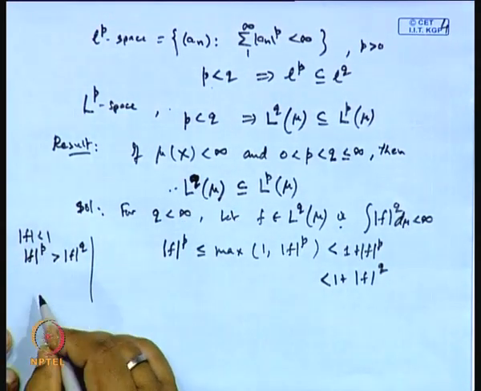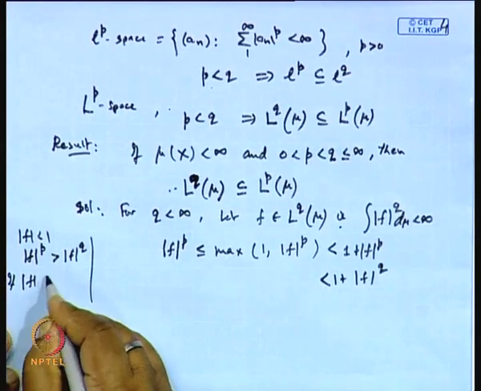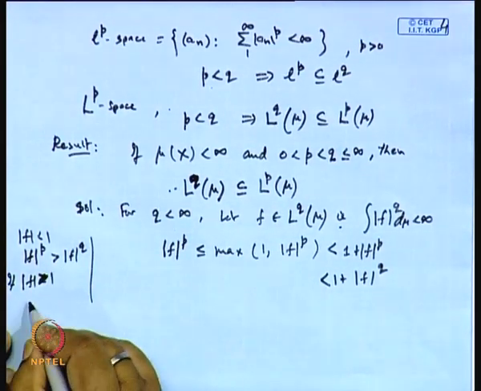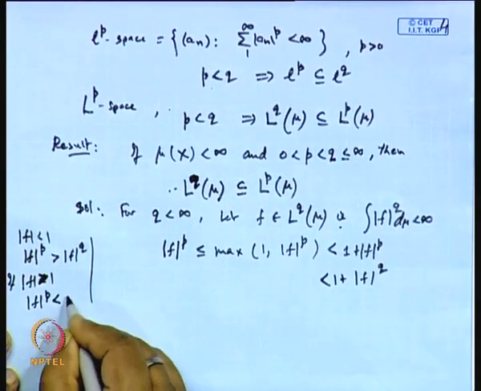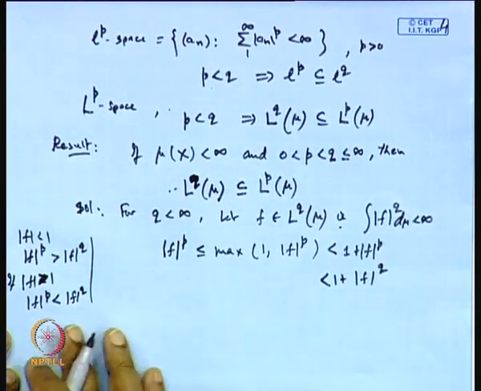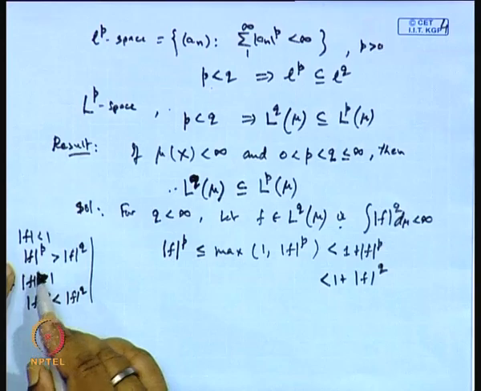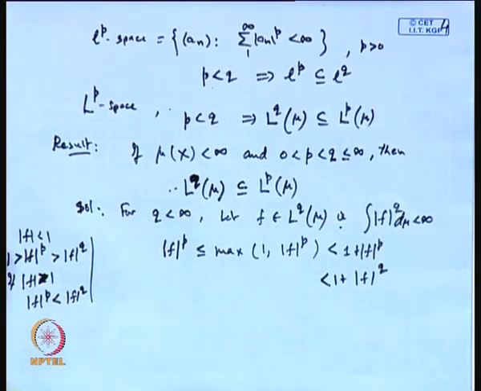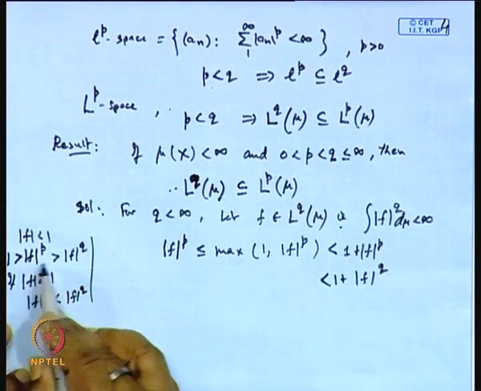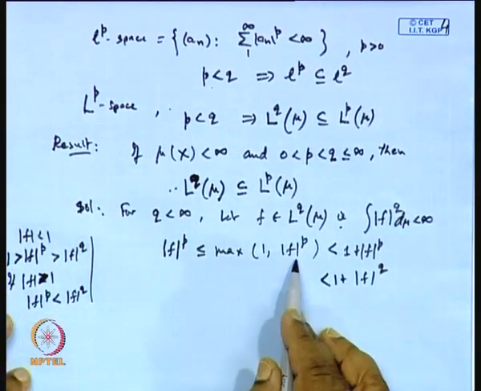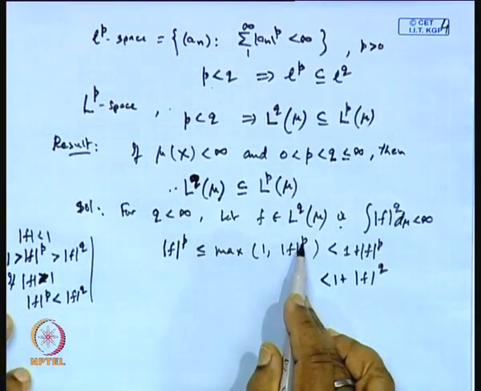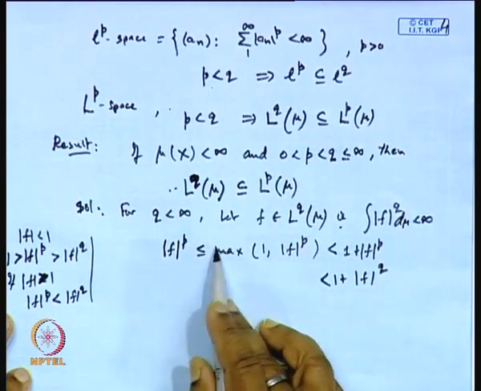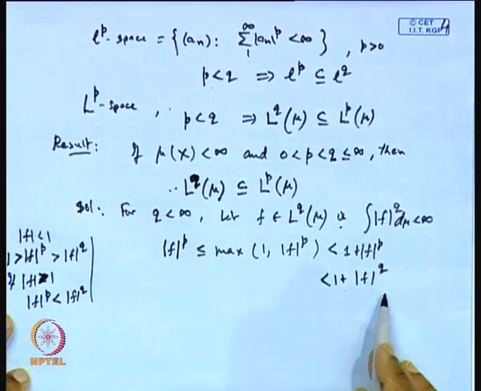But if |f| is greater than 1 and p is less than q, then |f|^p is less than |f|^q. When |f| is less than 1, this will always be less than 1. So, when p is less than q, this entire maximum value will always be less than 1 plus |f|^q.